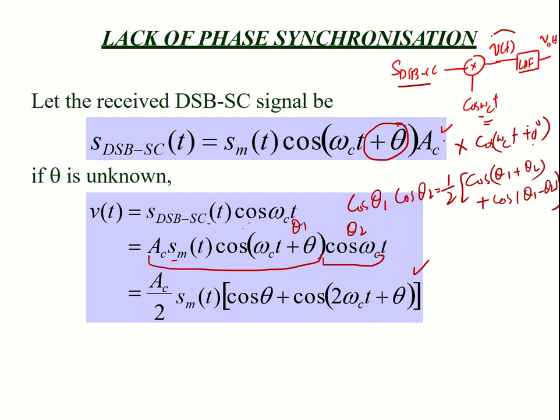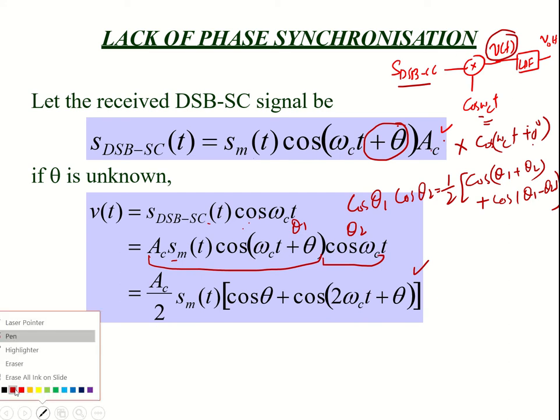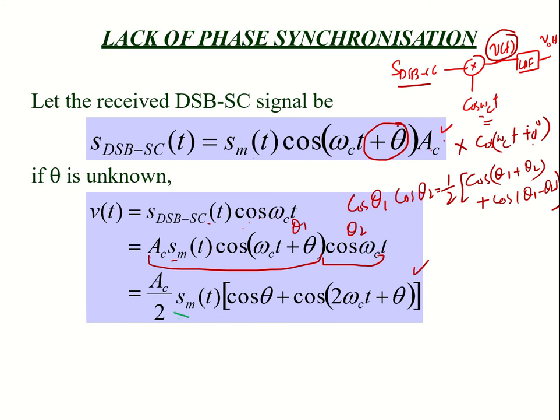After that we have to apply a low pass filter, which will filter out the high frequency component and keep the low frequency component. So this equation can be written as Ac over 2 Sm of t sine of theta plus Ac over 2 Sm of t sine of 2 omega c t plus theta.